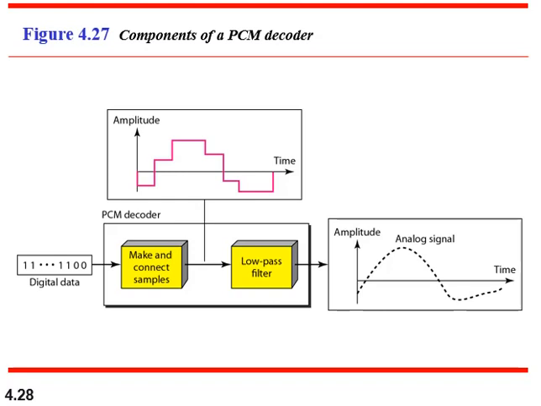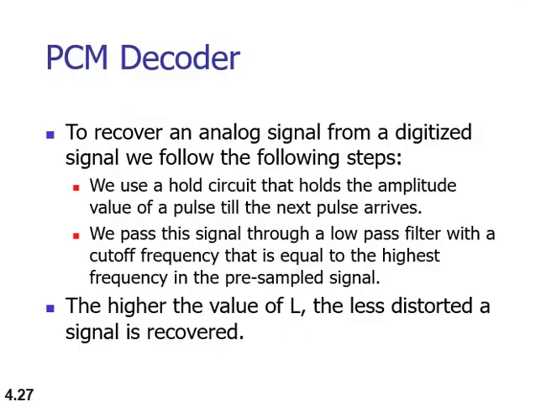In order to recover an analog signal from a digitized signal, we have to reverse the process. That is, we use a hold circuit that holds the amplitude value of a pulse till the next pulse arrives. So we pass this signal through a low pass filter with a cutoff frequency that is equal to the highest frequency in the pre-sampled signal. Now the higher the value of L, that is more the number of levels, the less distorted a signal is recovered.